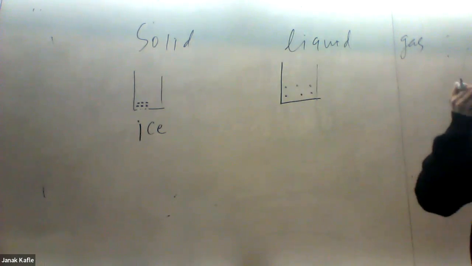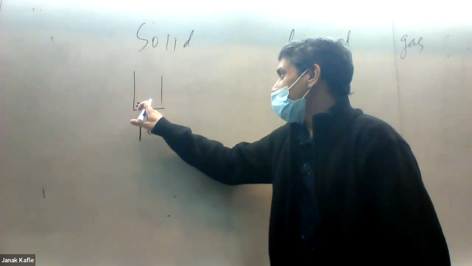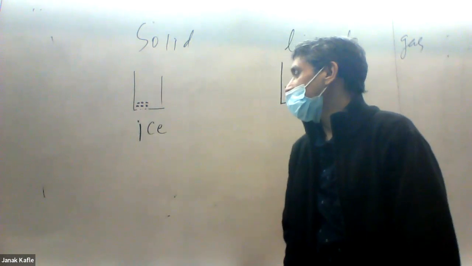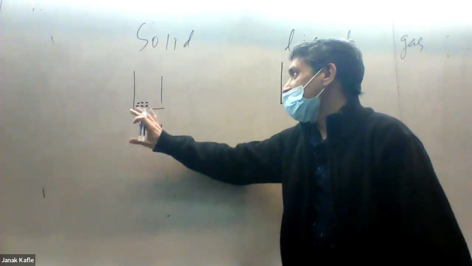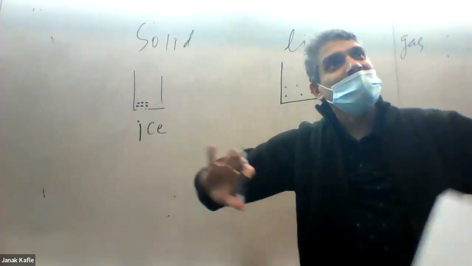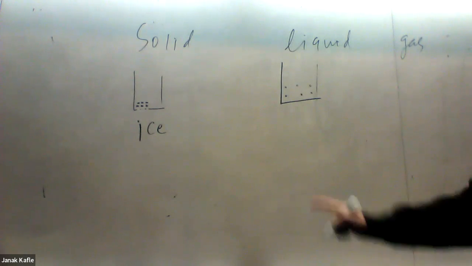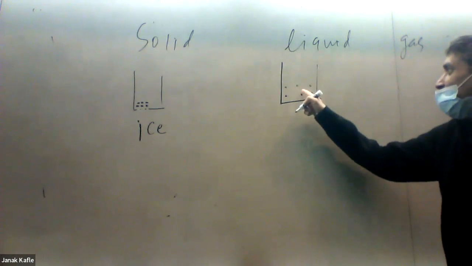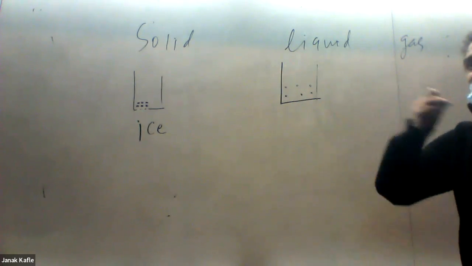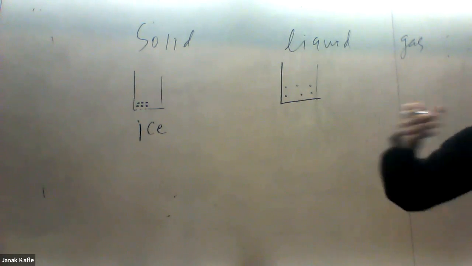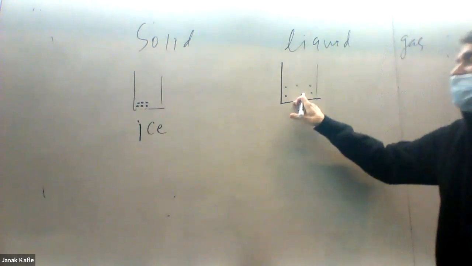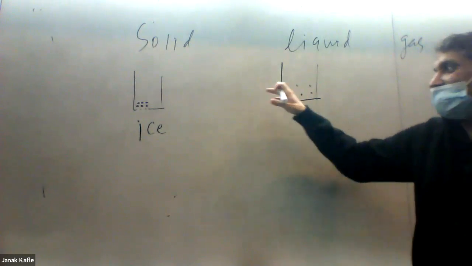So they are farther. These are sitting very closely to each other. They are moving, but they are not really moving that fast. Make sense? But here, since there is a lot of room to move, these particles are moving faster. There are 6 particles of water, and there are also 6 particles of water here, right? But this is in the solid state.